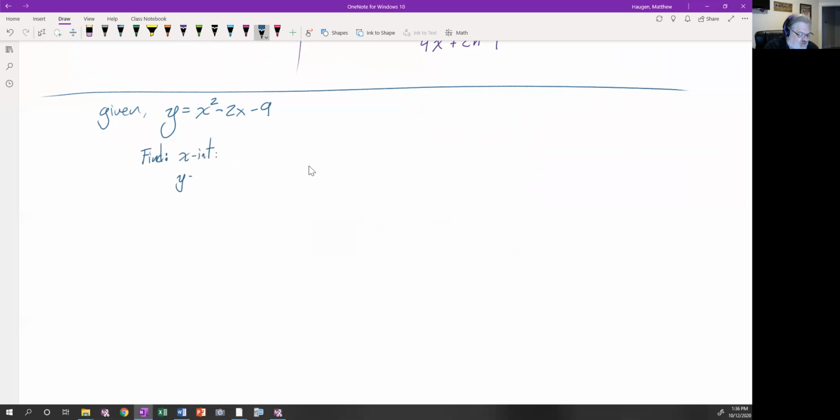We should be able to find y-intercepts. We should be able to find a vertex. It's a parabola, so it should have an axis of symmetry. Not too worried about axis of symmetry, but it's something that'll come up vocabulary-wise. And we should be able to draw a graph. So again, I'll give you a couple minutes, find all those things.